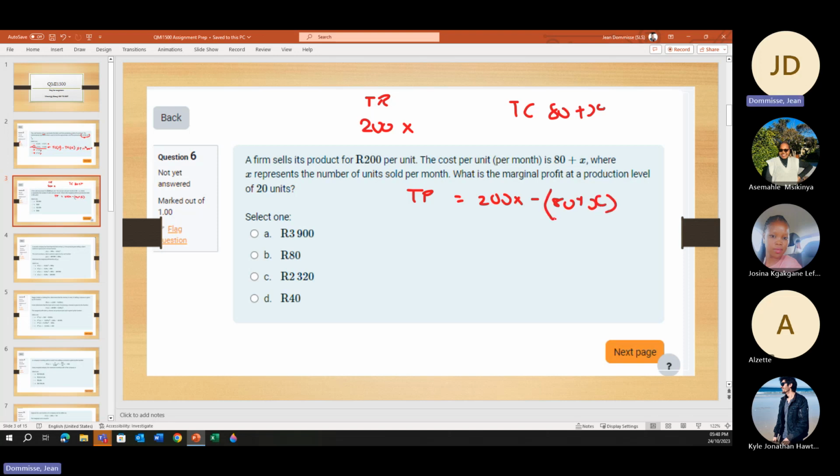Then this looks weird. Am I missing something? Total revenue, 200 per unit, so that is P times Q. Total cost. Okay, so that's also right. Total profit then is 800x minus that.